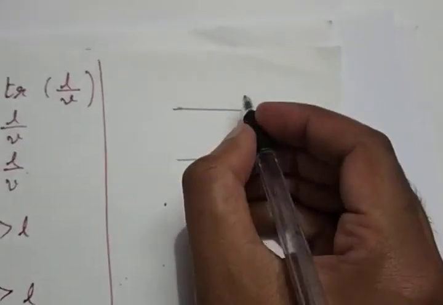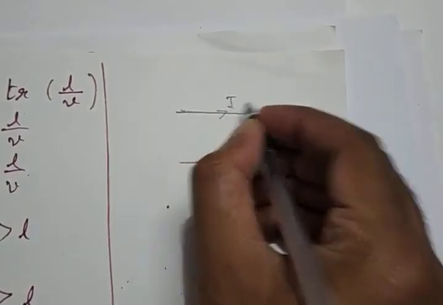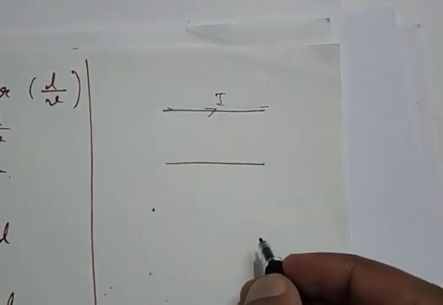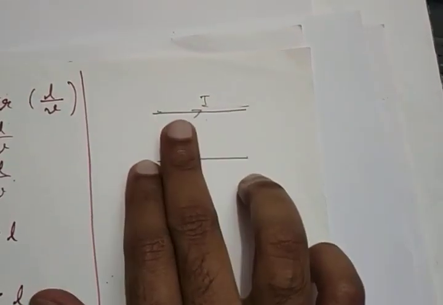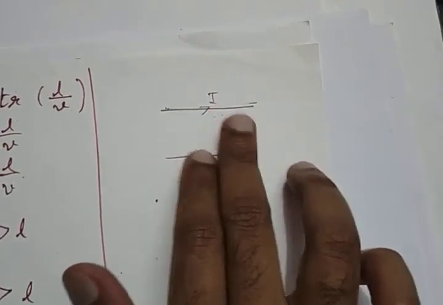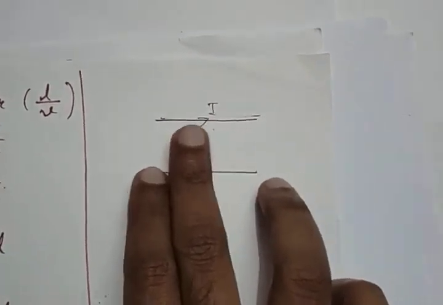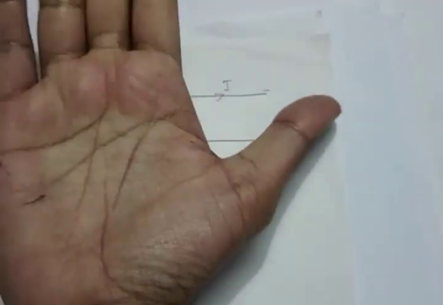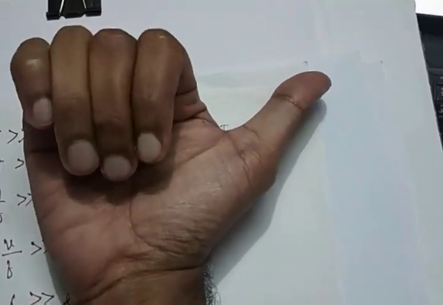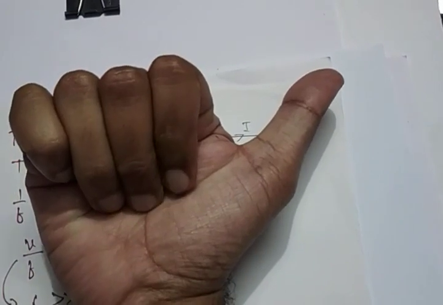So whenever there is flow of current, say current I is flowing, we have Ampere's circuital law, we have knowledge of Maxwell's equations, and we know that whenever there is a current carrying conductor, it produces magnetic field around that. So if current is going in this direction, we may have magnetic field lines like this, a curl rotating around that particular current carrying conductor.